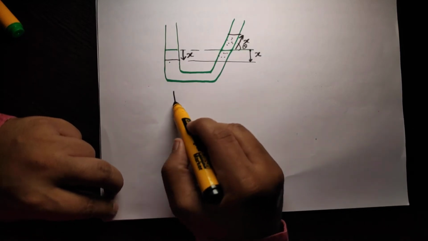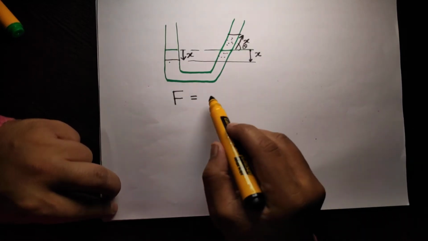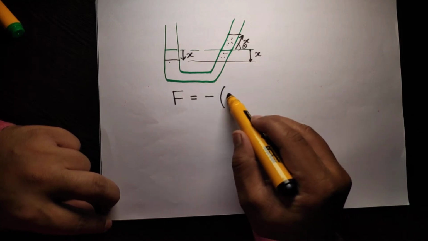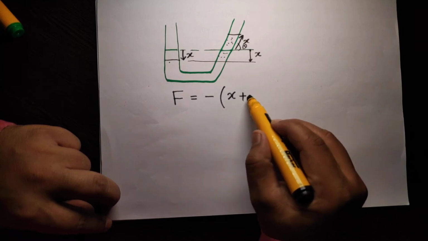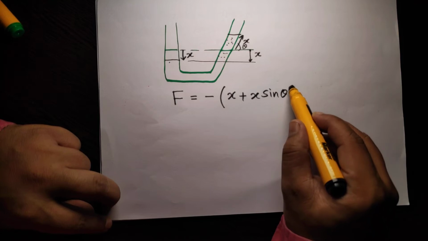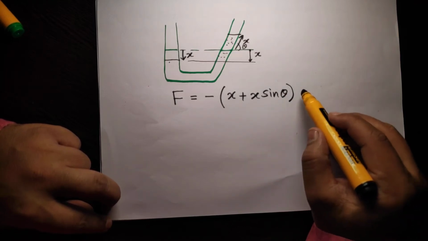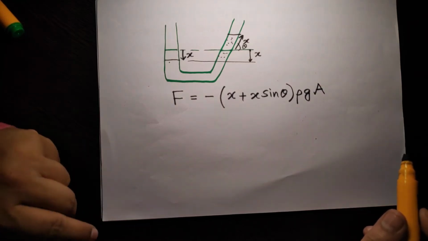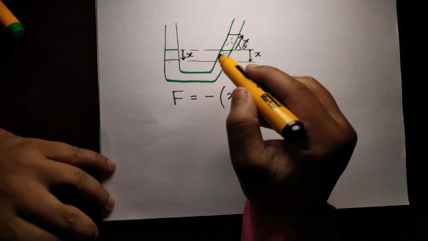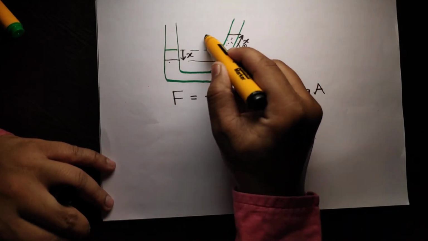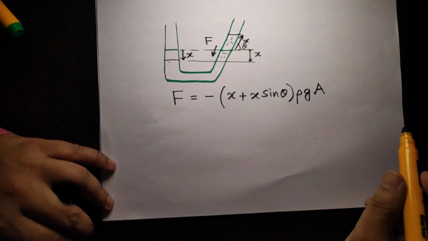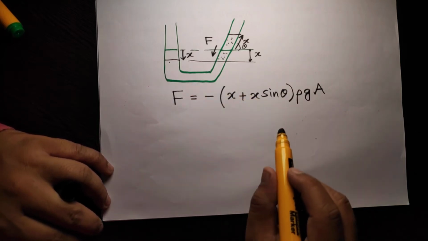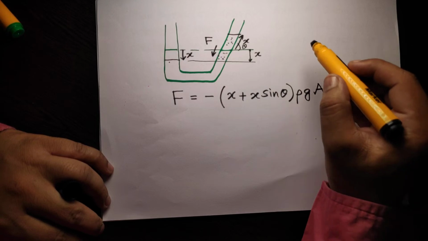As you see, the column has height x plus x sine theta. So this excess force, with a minus sign, is minus of (x plus x sine theta) rho g into A. This much force acts in this direction. Now if you see the area, it is not really A, it is A divided by cos theta.